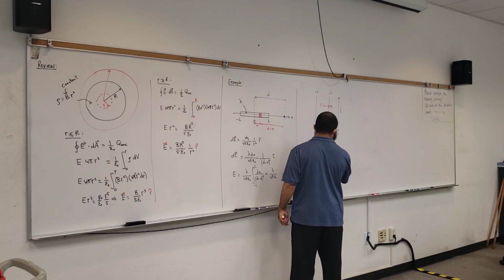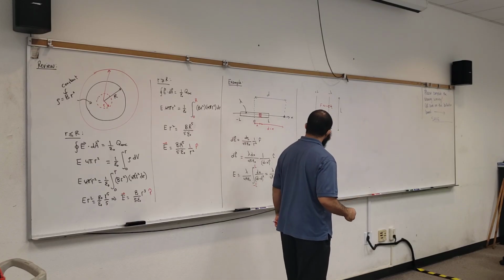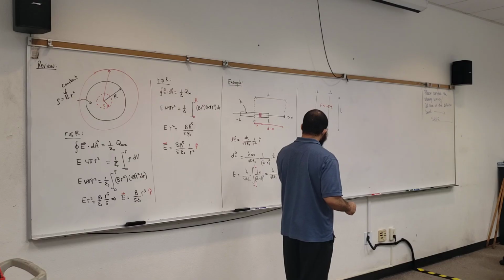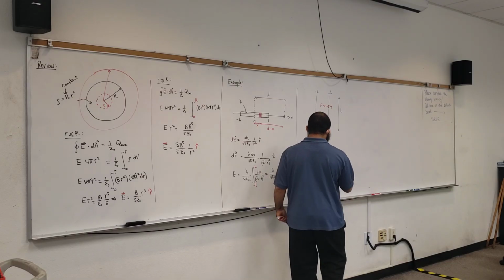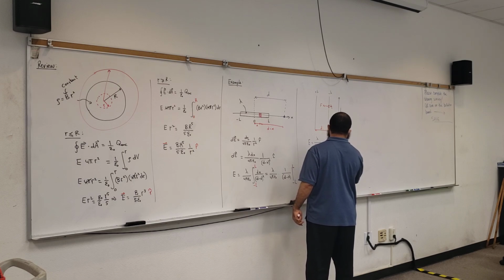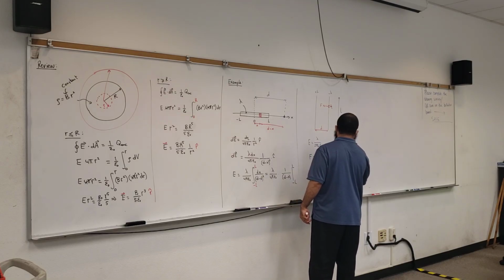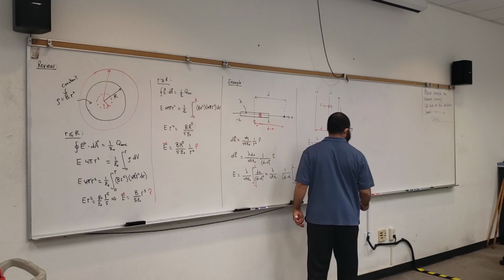Whatever dq is, times the electric field, so dq times lambda over two pi epsilon naught times d.